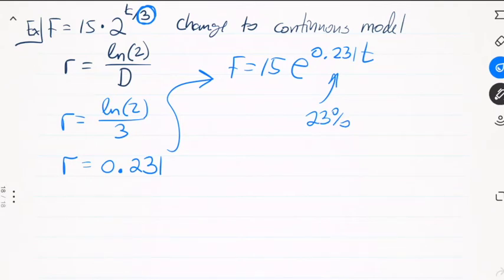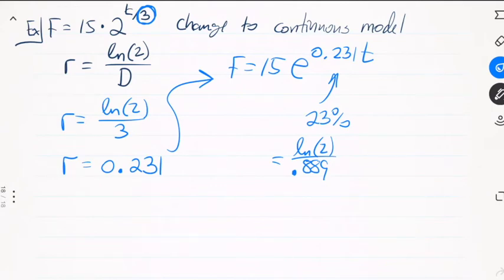You'll see later that we're going to do a model on Florida's numbers currently, and their growth rate is 0.889, which can give you an idea of the doubling factor they're dealing with right now. So ln of 2 divided by 0.889.